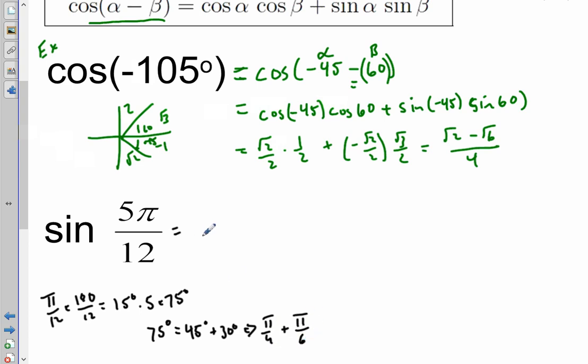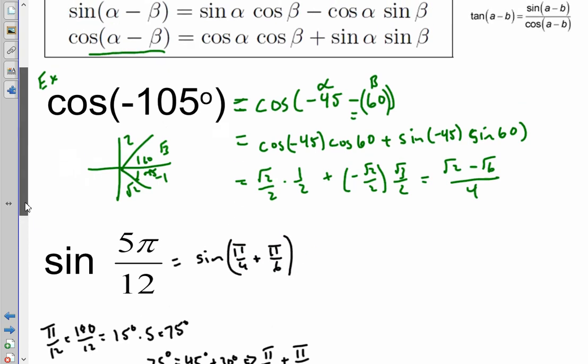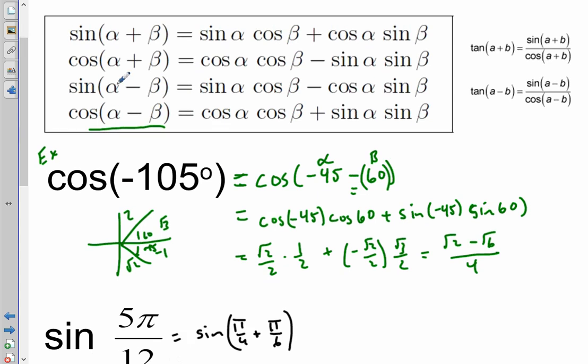From here, we can write out sine of pi over 4 plus pi over 6. With this, we look up here and ask, what is the sum of sine, the sum or difference formula? So here's our alpha.